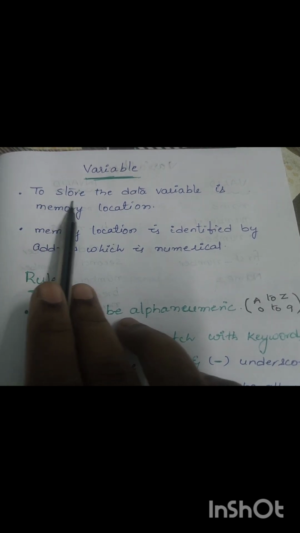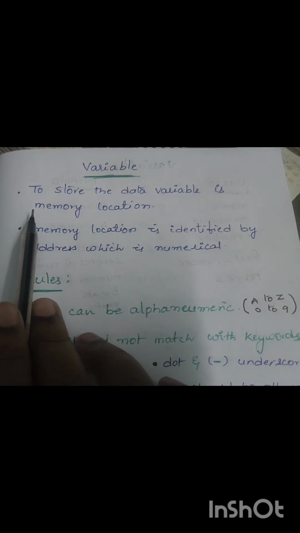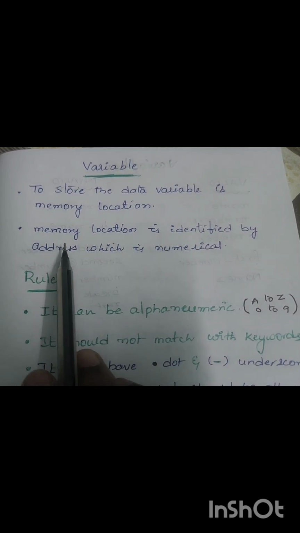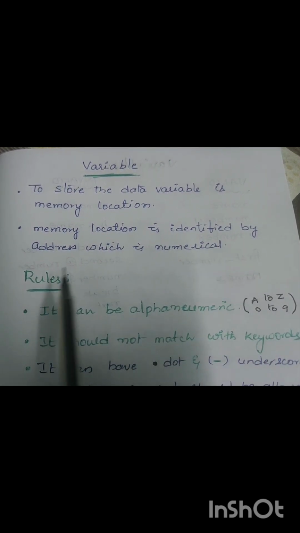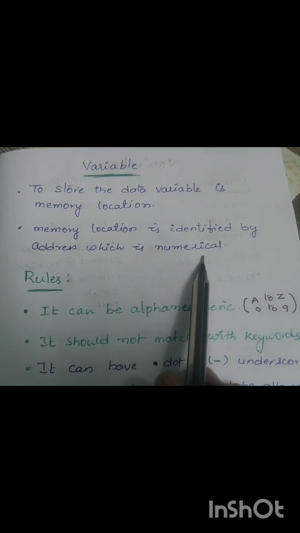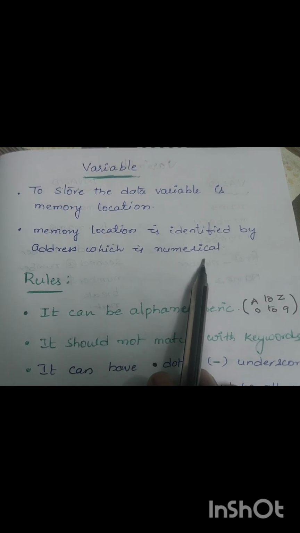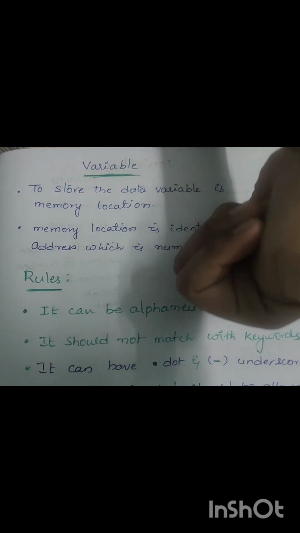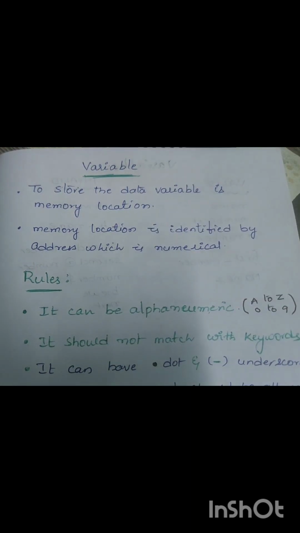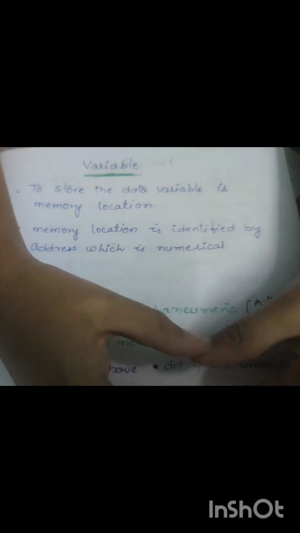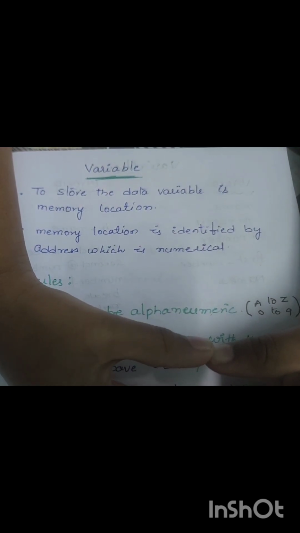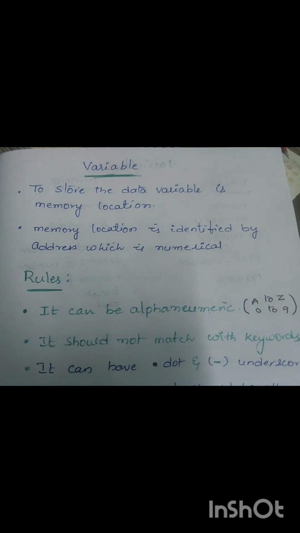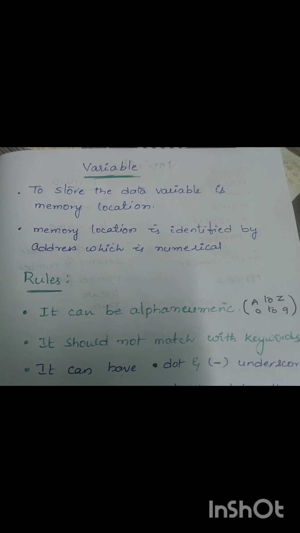To store the data, a memory location is identified by an address which is numerical. To retrieve the data from the memory location is difficult, so for this we give addresses which are variables. Now there are some rules to be followed while writing these variables.